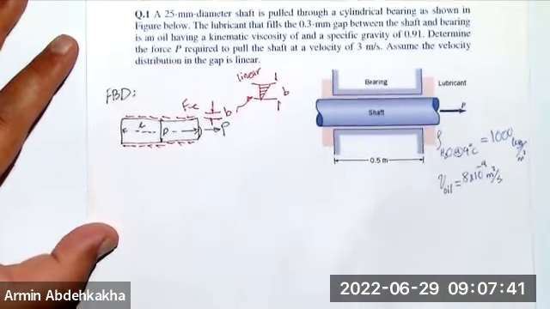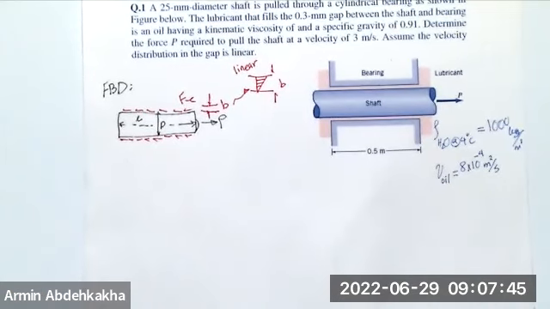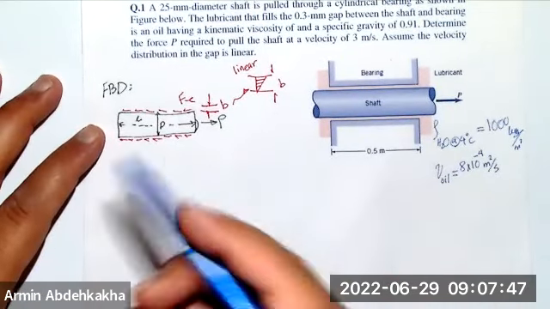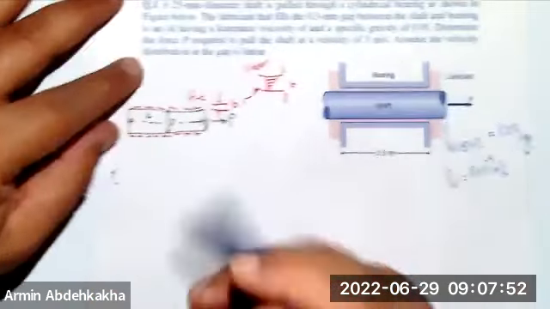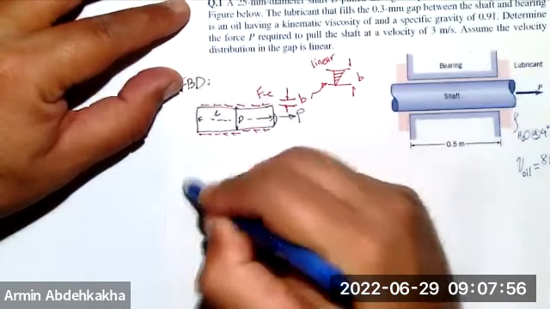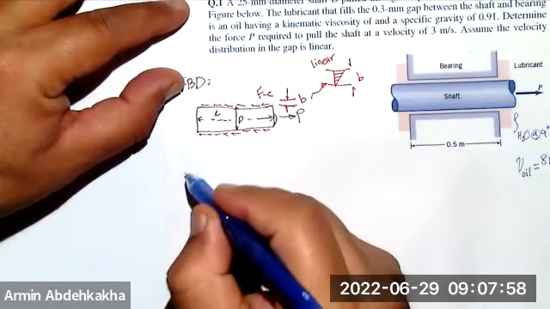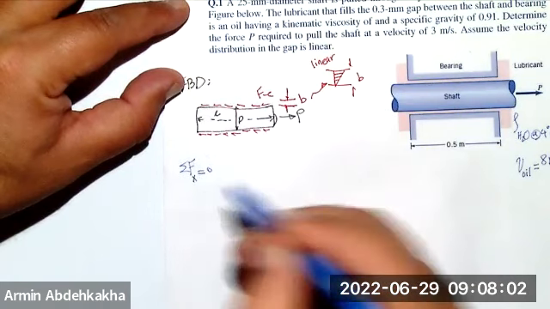Okay. So till now we wrote down everything. After the free body diagram, you need to show that sigma F is equal to 0 in the x direction.